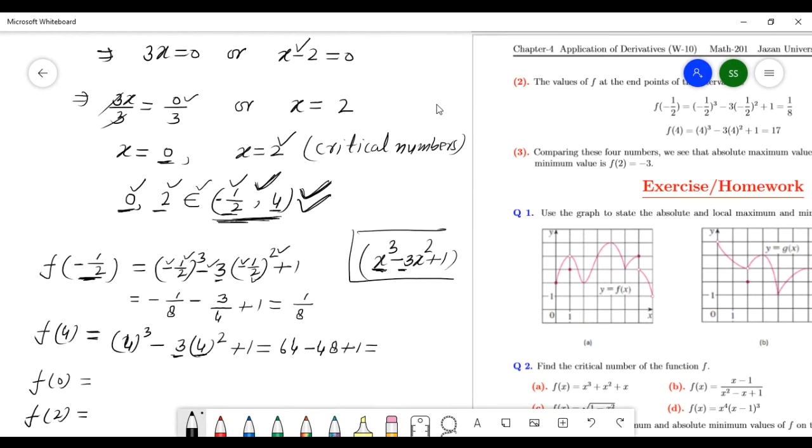This is equal to how much? 17. This is 17.